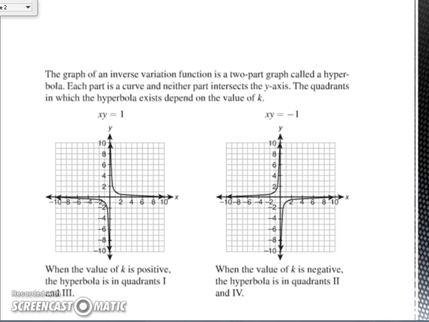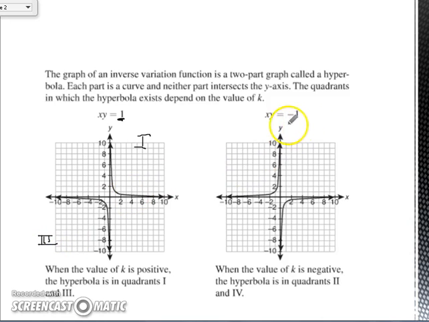And just another look at another explanation about these graphs. Depending on what your k value is, it's going to determine where your graphs fall on your coordinate plane. If the k value is positive, your graph will end up being in quadrant 1 and quadrant 3.